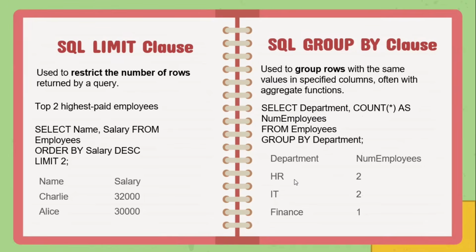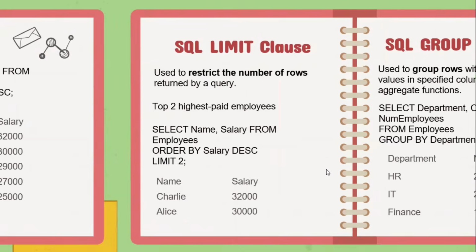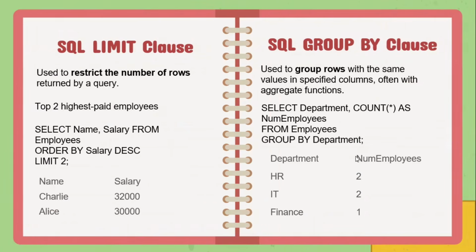So suppose here you can see that only 2 are there from HR department and 2 are there from IT department and 1 is there from finance department. You can see from the original data that there are 2 persons in HR department. So exactly that thing came up here.